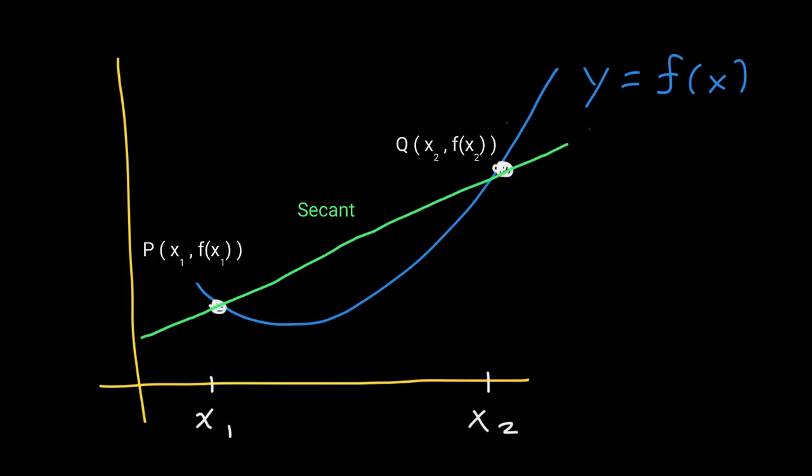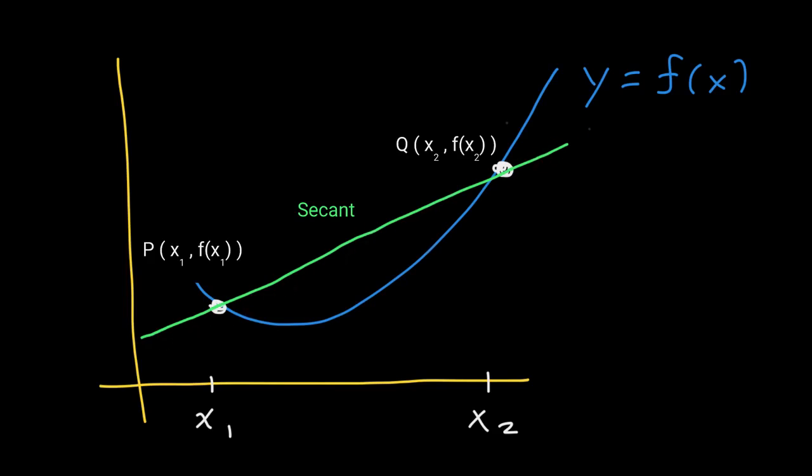So geometrically, this rate of change of our function f, here I've drawn a function f, it's this curve. Geometrically, the rate of change of our function f over this interval between x sub 1 and x sub 2 is the slope of this line that's going through our curve in 2 points, point P and point Q. Now, a line joining 2 points on a curve like this is called a secant line.